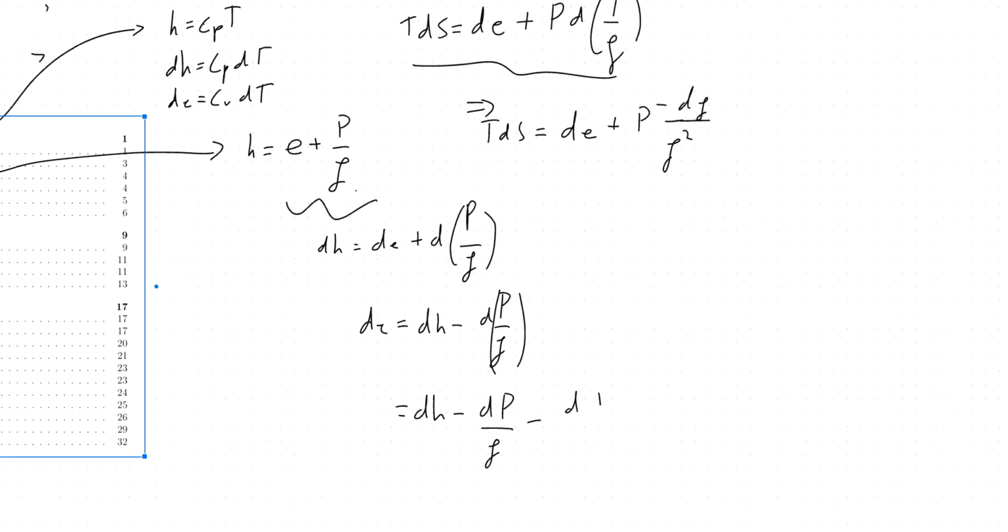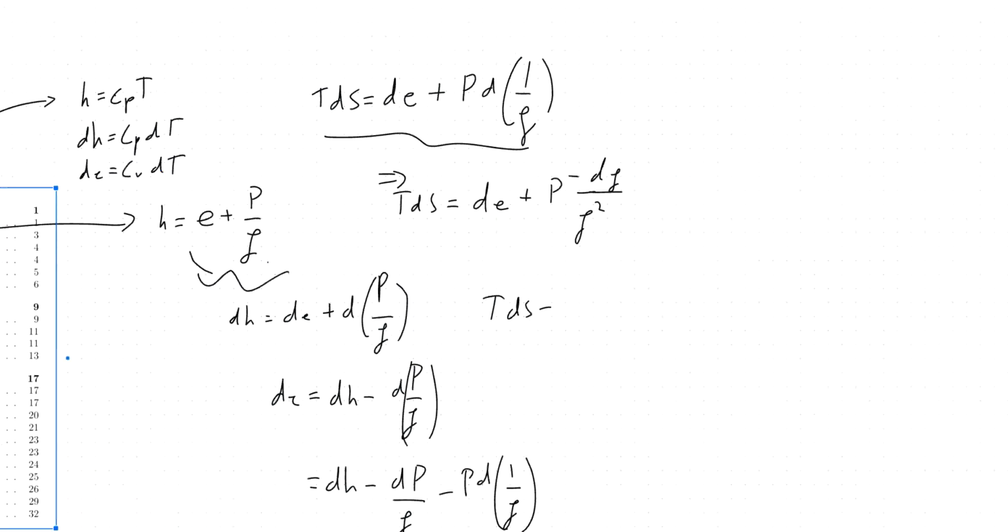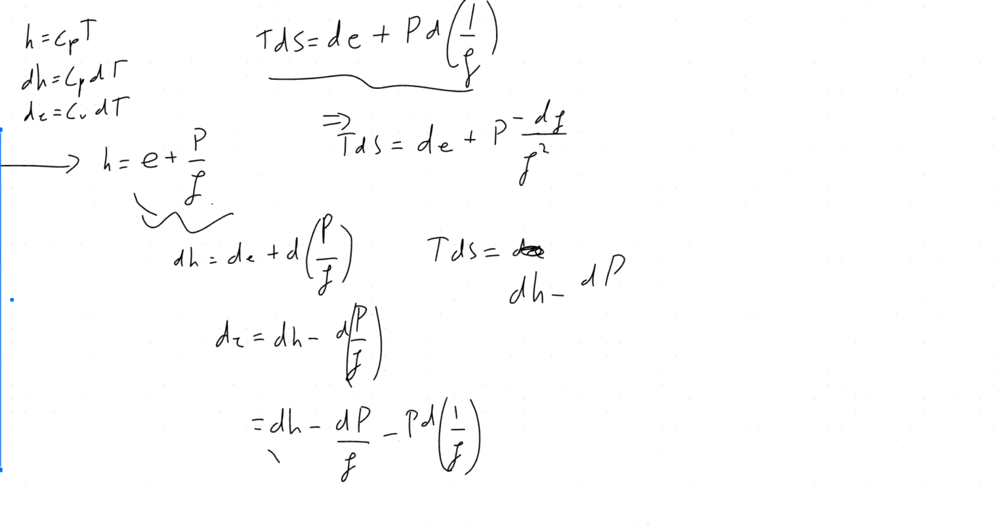So this equals that above. So you can see that was right. It is a plus. And then it's TdS equals dE. dE is this, so instead it's dH minus dP over rho minus P d(1/rho) plus P d(1/rho) over rho, which gets canceled, and we get this final version of that form.